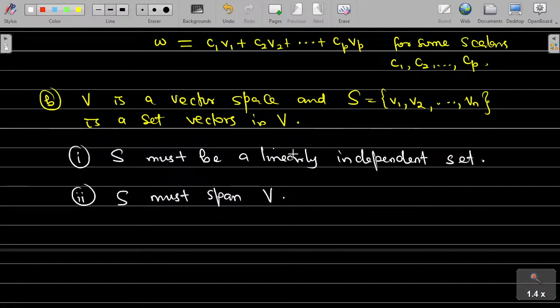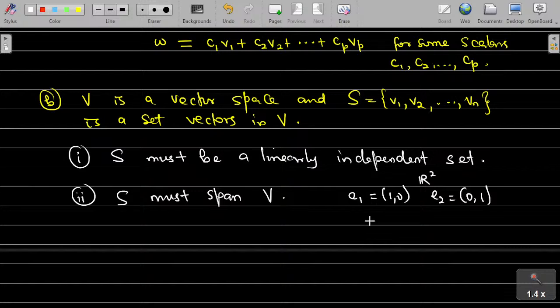All right, so that's what it means to span. For instance, if I give you the standard unit vectors, E1 equal to (1, 0) and E2 equal to (0, 1). These are the standard unit vectors in R2.